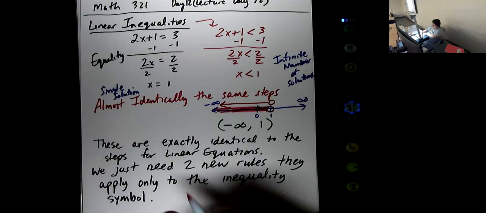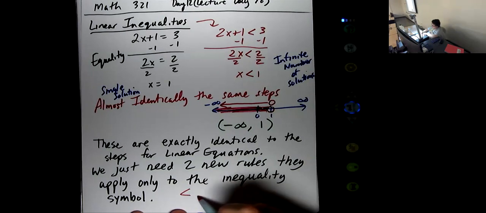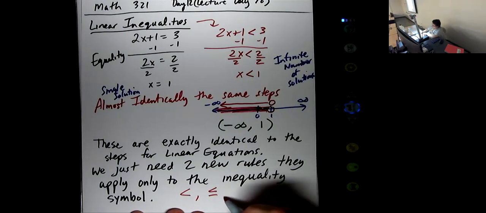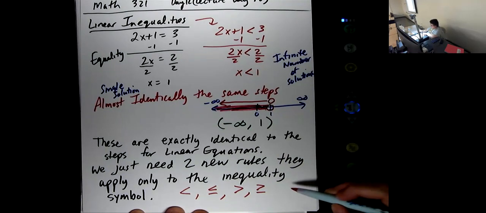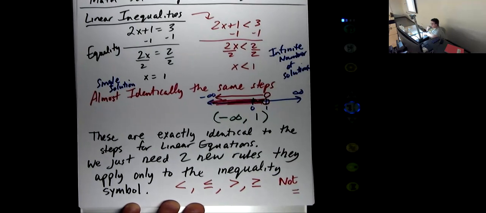And by linear inequalities, I mean they will have symbols like less than, less than or equal to, greater than, or greater than or equal to, not the equal sign.